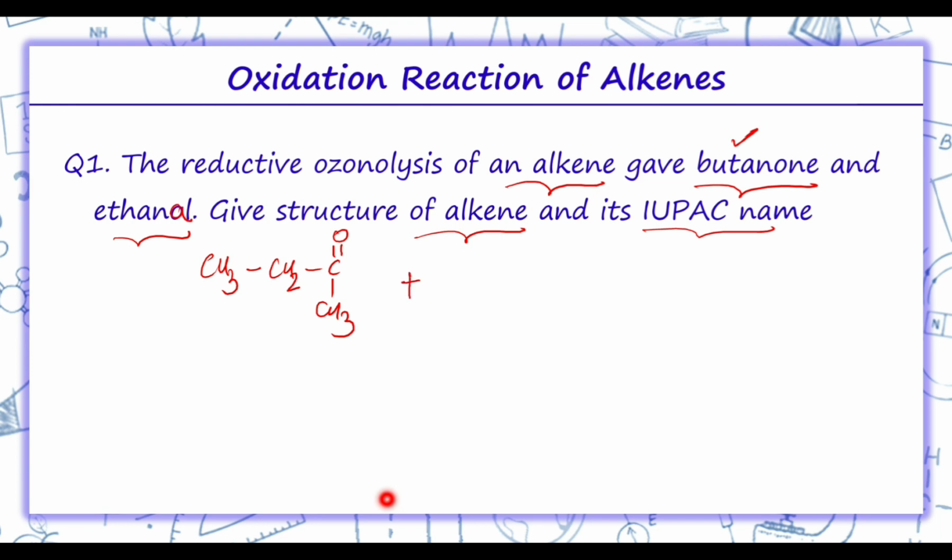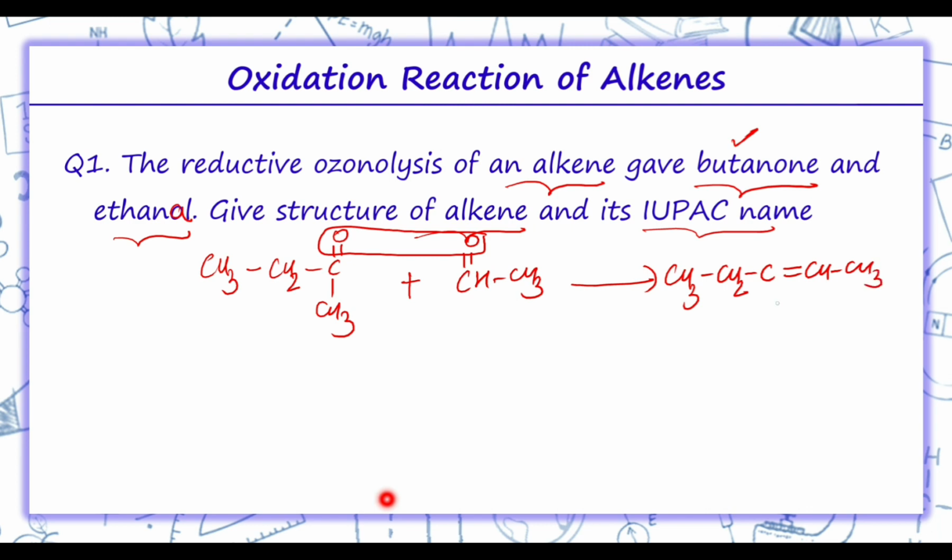Then we are getting ethanal, CHOCH3. Here the O will be removed, and these both groups will be combined with a double bond. So we will get CH3CH2C(CH3)=CHCH3. The IUPAC name of this will be 1, 2, 3, 4, 5, 3-methylpent-2-ene.